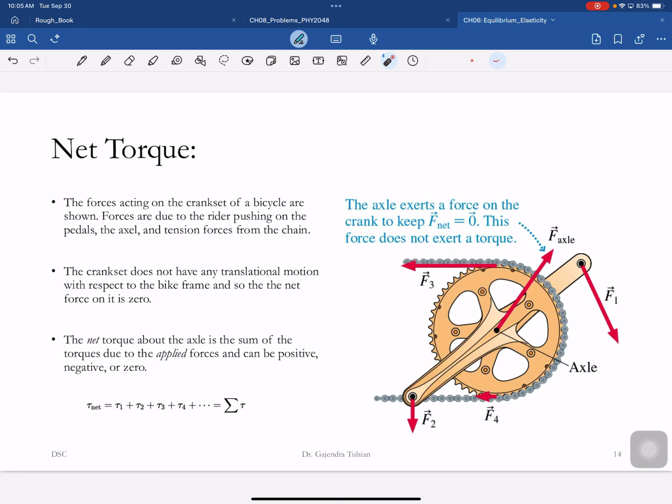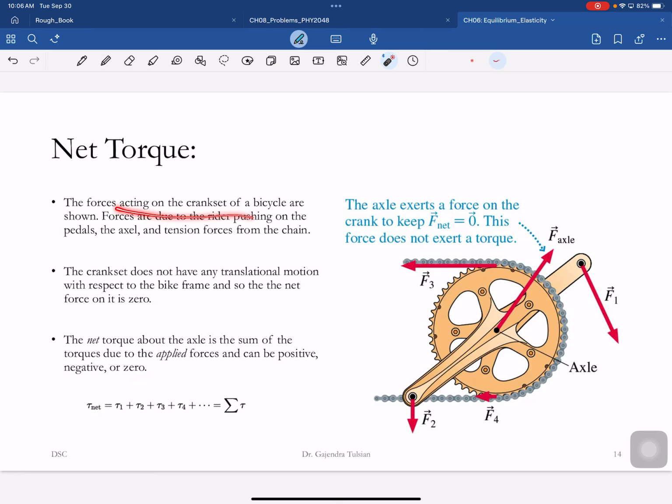Here's your force, you're pedaling down, there's the chain pulling back, and here's your other leg pushing down, and there's the tension in this chain, and that's the crankshaft exerting a force. All these forces will have a torque, and so the total torque is just the sum of all the torques. This will be a negative torque, this will be a positive torque. You're calculating the torque about this point. About this point, this is a zero torque, this is a positive torque, negative torque, and so you can add them all up.